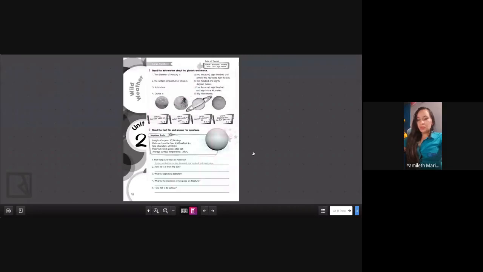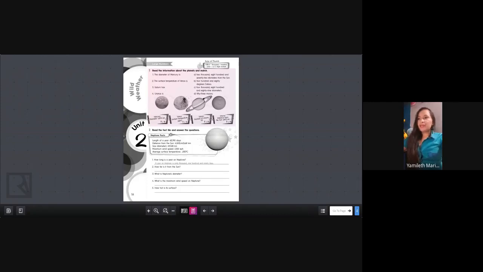This is the page we are going to continue working on: page number 18, practice book, page 18. Large numbers is the main content.